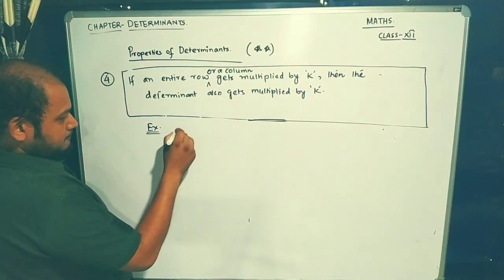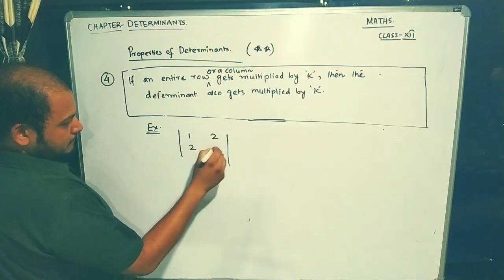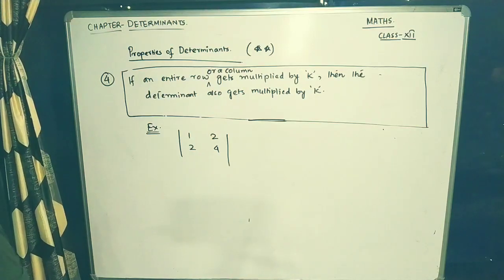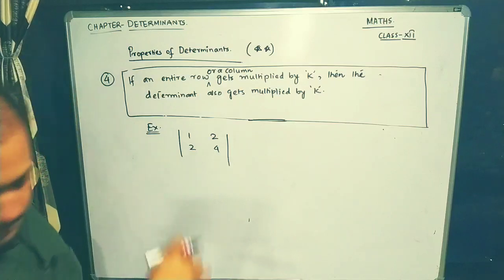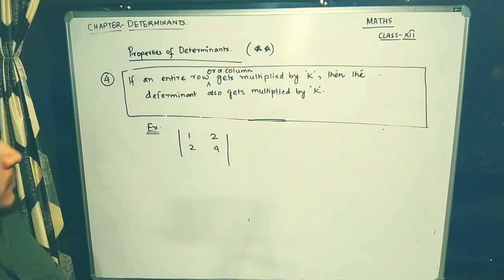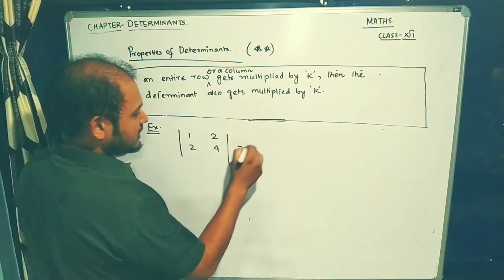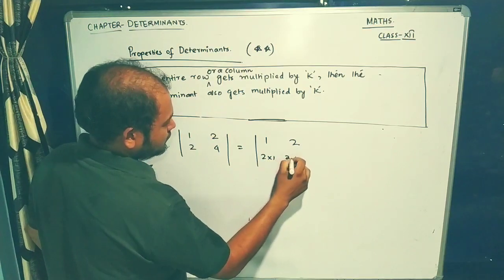For example, say I have a determinant 1, 2, 2, 4. Can you see that each and every number in the second row is multiplied by 2? So I can say that it is 1, 2, 2 into 1 and then 2 into 4.